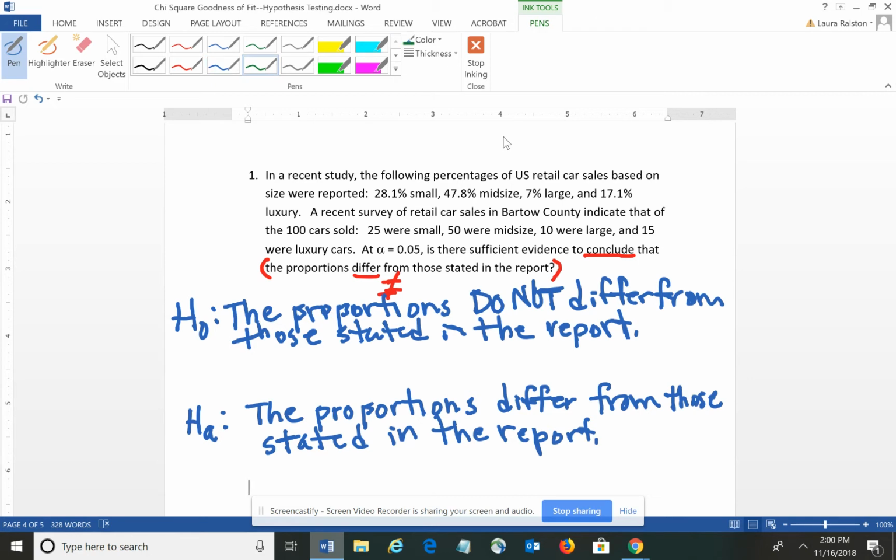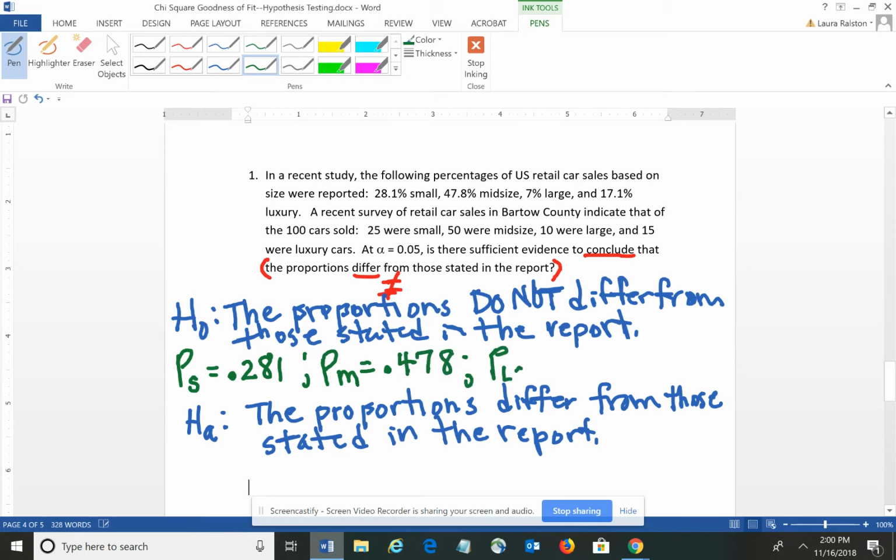You can also write it with the symbols, and I kind of like the symbols better because it actually shows you the percentages. We would say the proportion of small cars from the recent study was 28.1% or 0.281. The percentage for mid-size was 47.8% or 0.478.